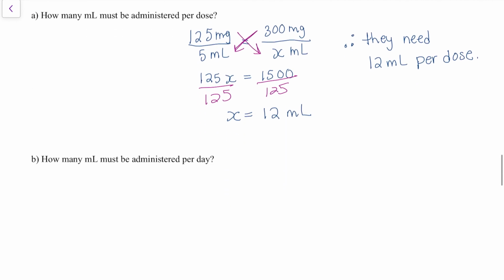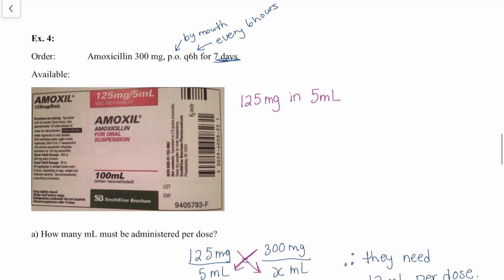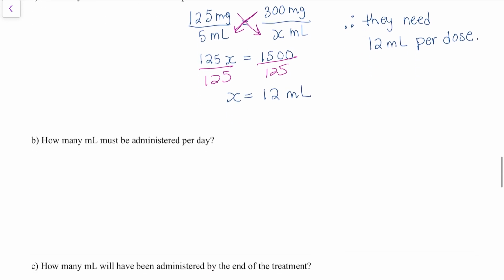The next part of this question is how many milliliters must be administered per day. Well, in this one, it doesn't give us how many per day. The previous one said 3 times a day. This one says every 6 hours. So what we're going to do is 24 divided by 6 gives us 4 times per day.